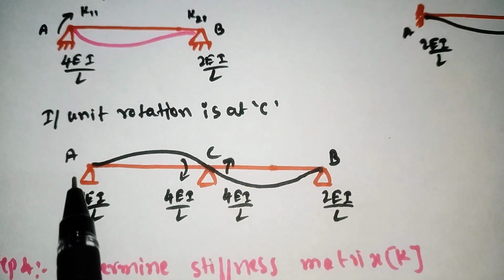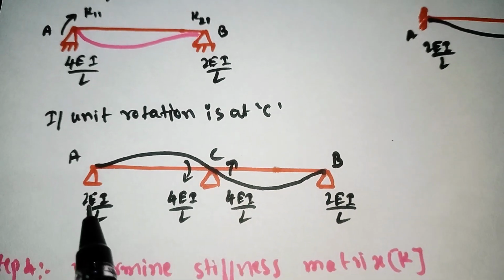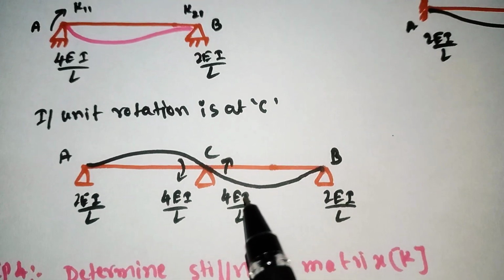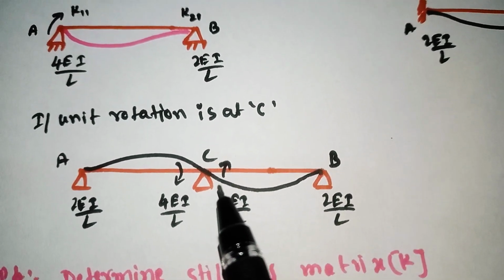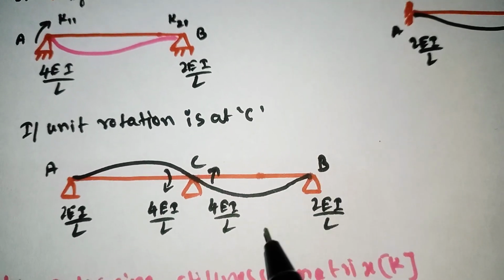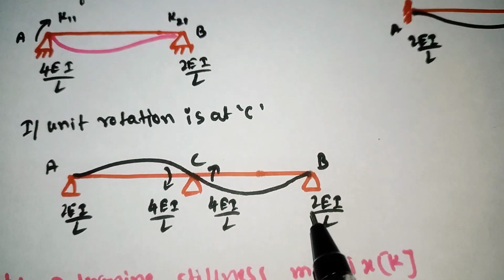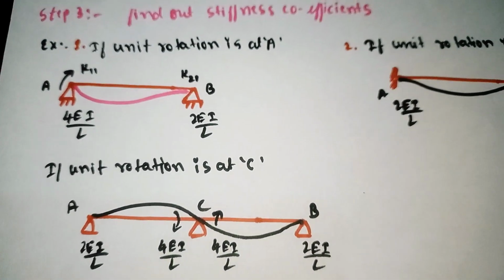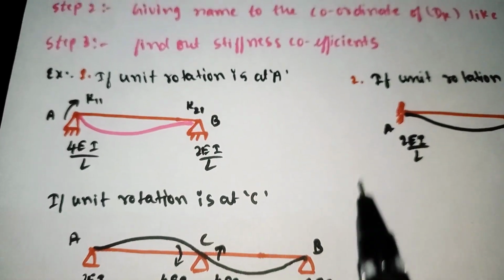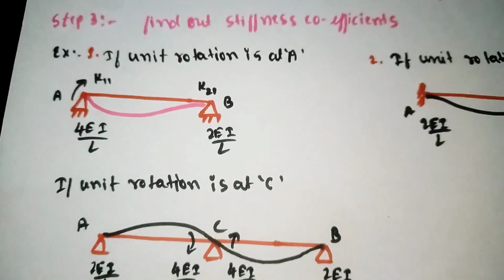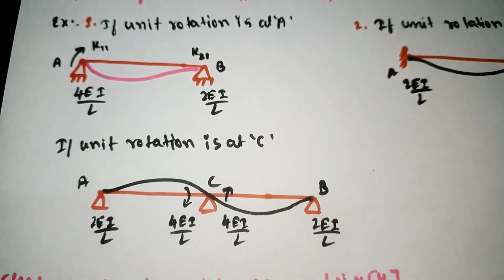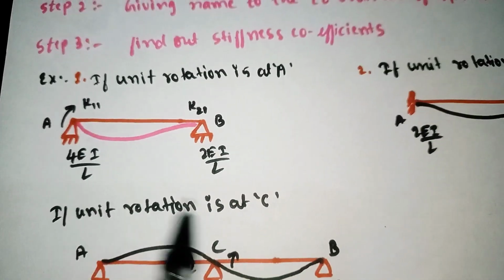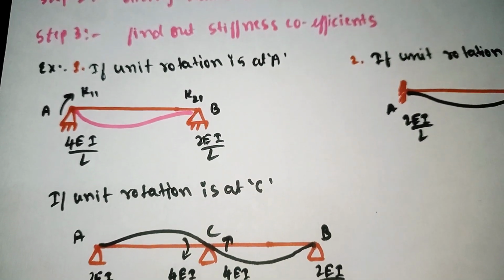From here to here the carry over is half of this, which is 2I divided by L, and half of the force carried from C to B is half of this, which is 2I divided by L. This is how we need to find out the stiffness coefficients. While solving the problem, I will explain in detail. This is our step number 3, finding the stiffness coefficient.